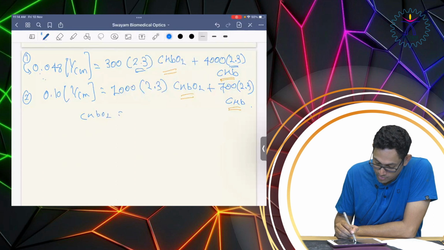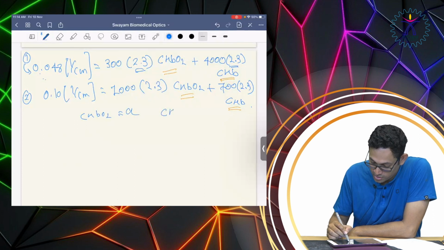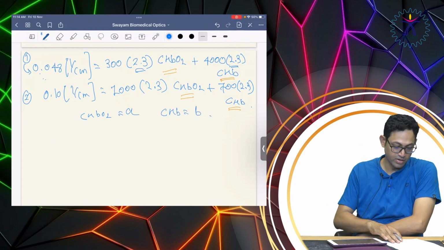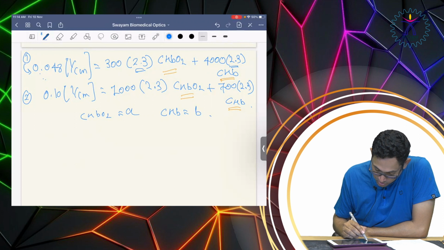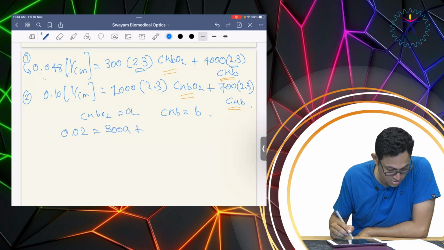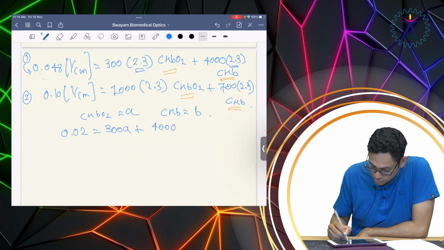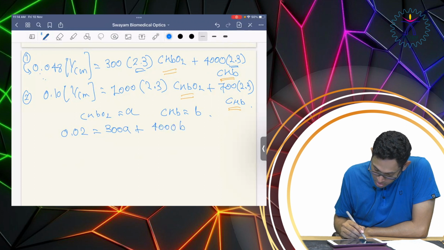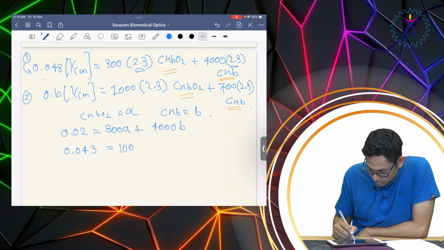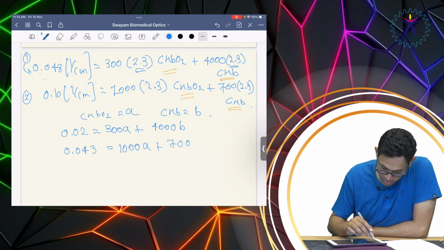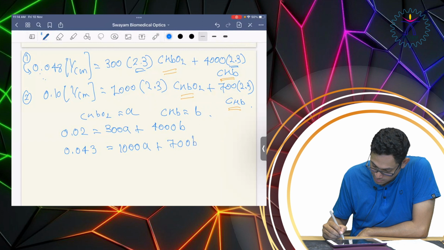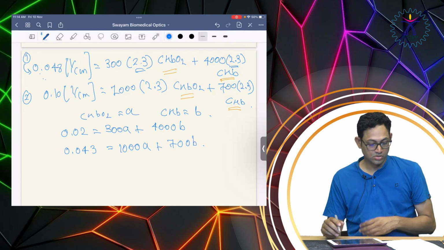For simplicity, I put the concentration of HbO2 as A and the concentration of Hb as B. Then I get again two equations: 0.02 is equal to 300 A plus 4000 B, and 0.043 is equal to 1000 A plus 700 B. Now I just need to substitute one into the other.